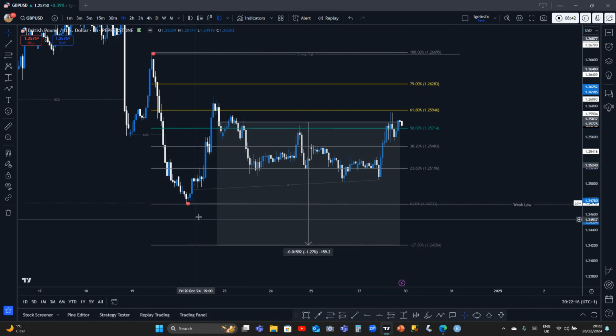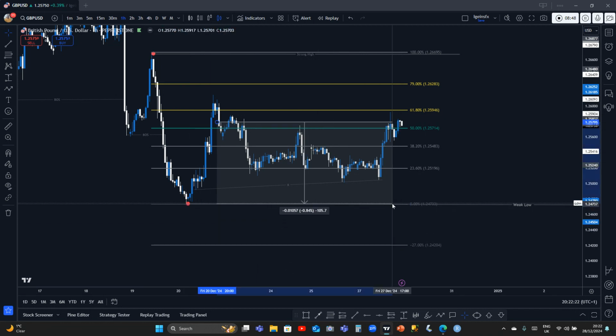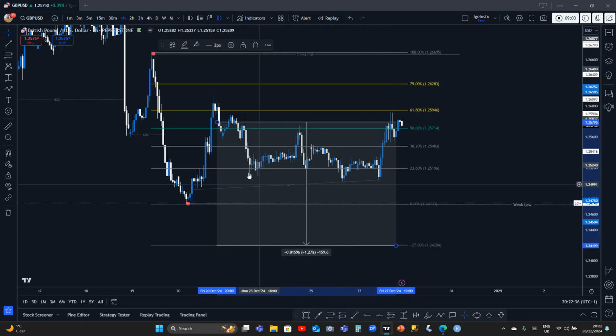But last week, I wanted to take my profit here, all right? This 0.0% at about 100 pips. But when I now saw the way price action is going, I decided to allow it to run up to negative 27%. And now, guys, what happened?